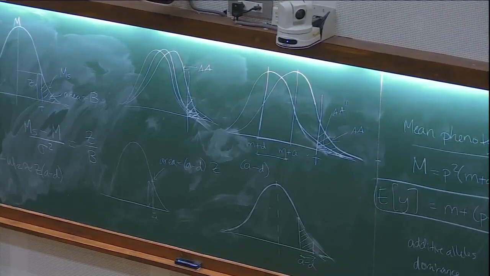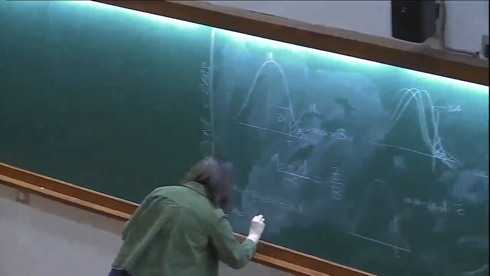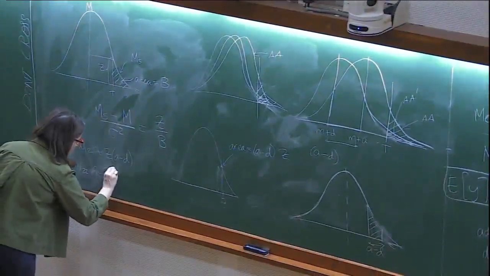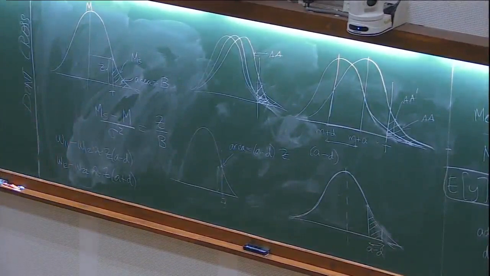And what I would show then is that the fitness of W12 relative to W22 is approximately Z times A plus D in that same way. And all of that just followed by basically using this Gaussian approximation.